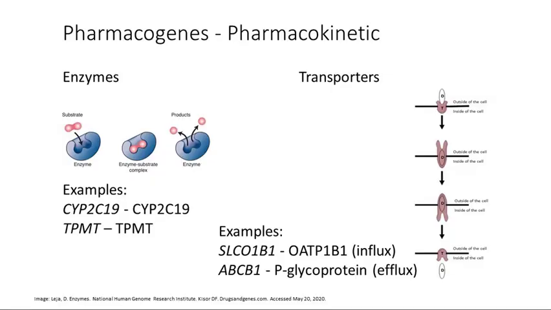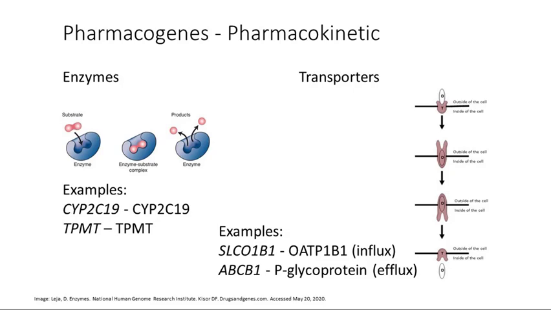Okay, so when we talk about phenoconversion, we're going to talk about it in the context of pharmacokinetics, and really the time course of drug absorption, distribution, metabolism, and excretion. But we're going to talk specifically about two different components of how a drug is eliminated from the body. Enzymatic changes in a chemical structure is one. So on this slide on the left-hand side, you see examples with CYP2C19, cytochrome P450 2C19, and also thiopurine methyltransferase.